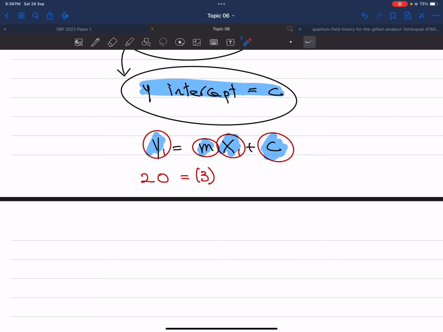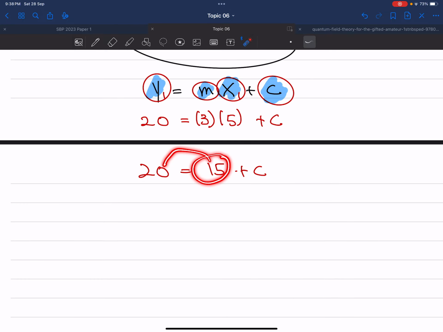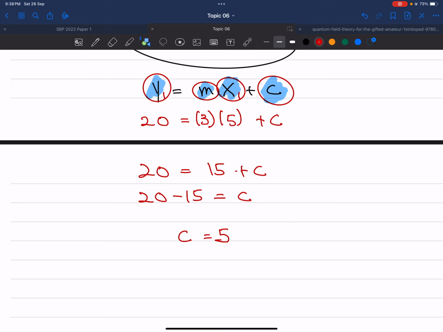So 20 equals 3 times 5 plus C. 3 times 5 is 15 plus C. Bring the 15 to the left-hand side: 20 minus 15 equals C. So our C will be 5. This is our answer.